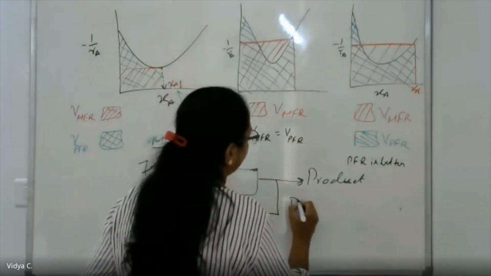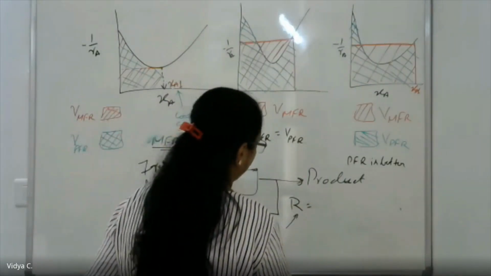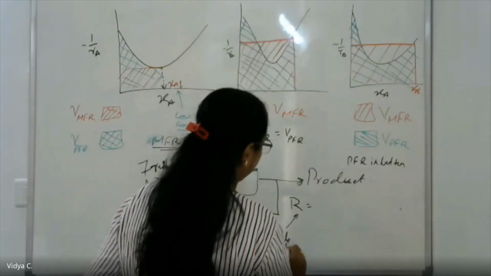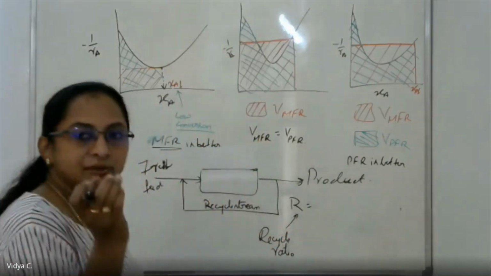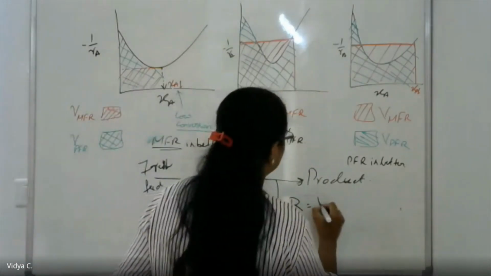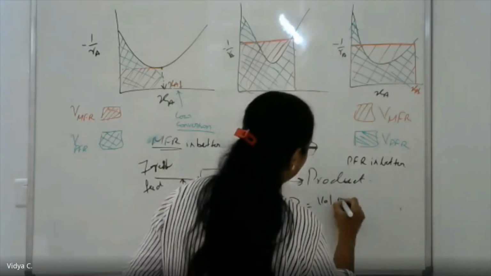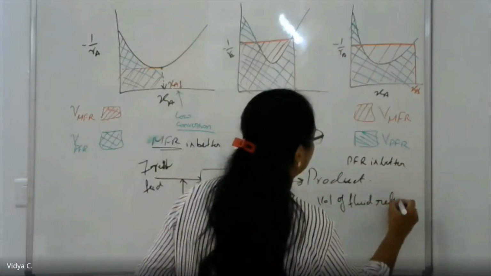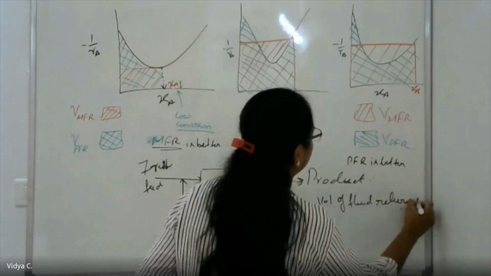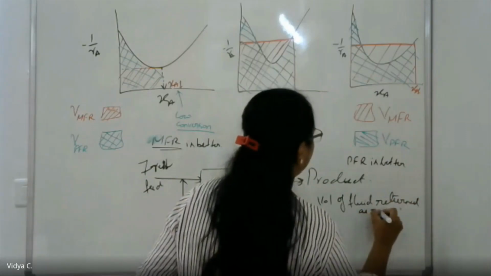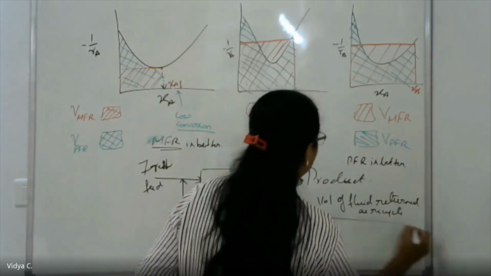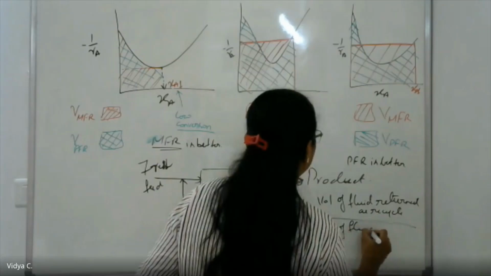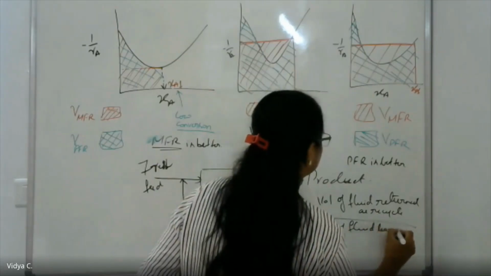I said I'll define a new term, no? Recycle ratio. This is the volume of fluid returned as recycle divided by the volume of fluid leaving the reactor.